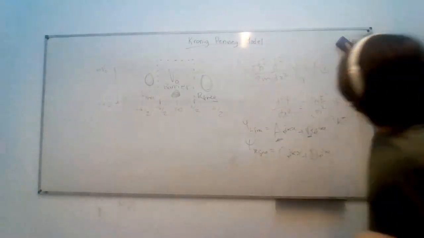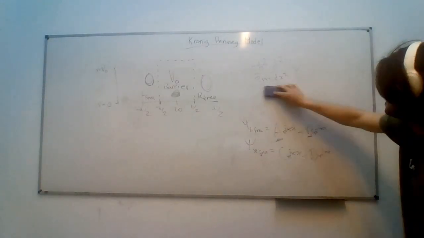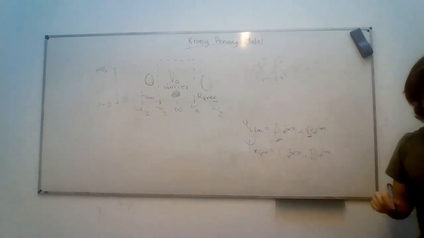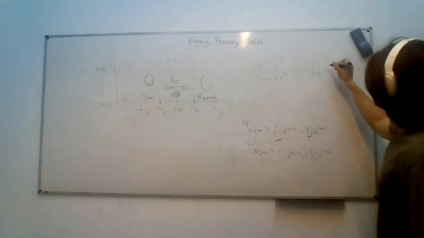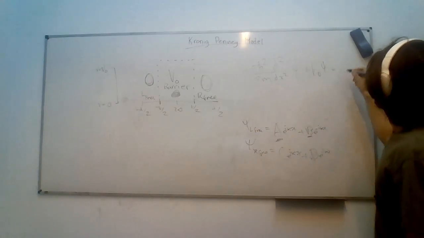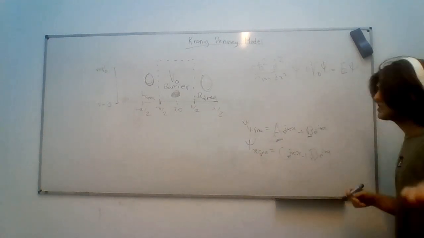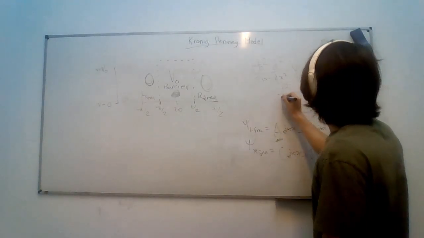And at the barrier, we do have a potential, but it is some constant number, right? Instead, the Schrodinger equation becomes this: V naught psi is equal to E psi. And this is solved in exactly the same way, but we just have to rearrange a bit more.